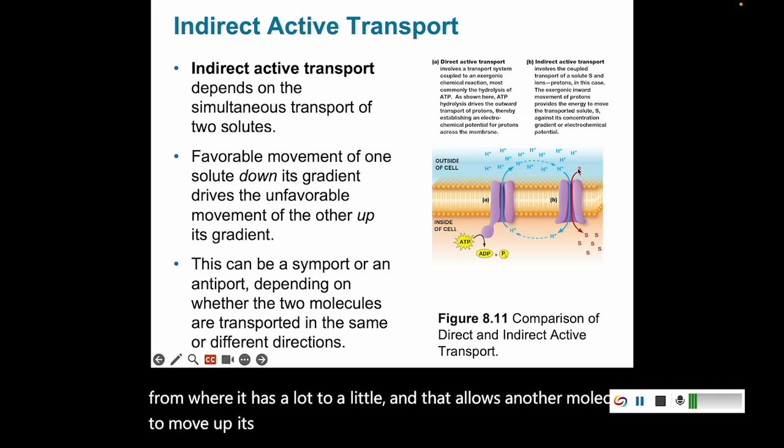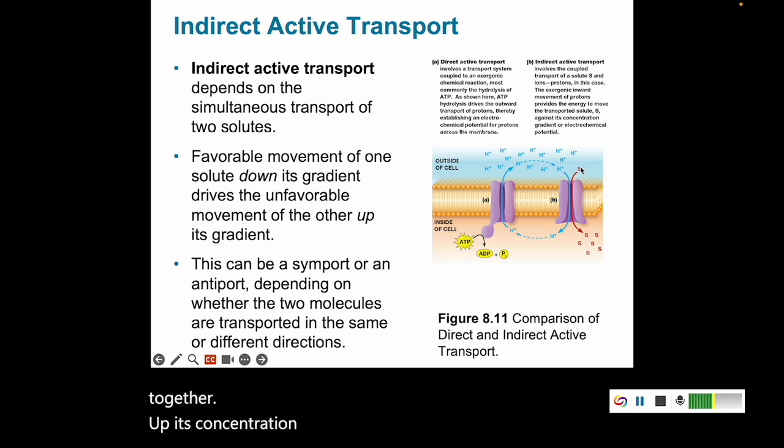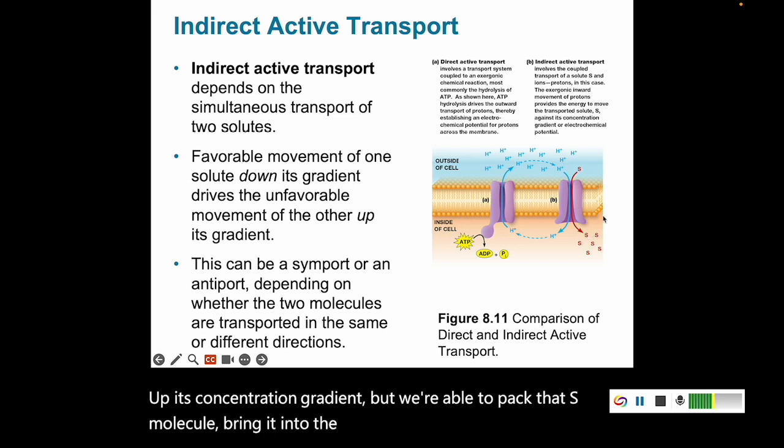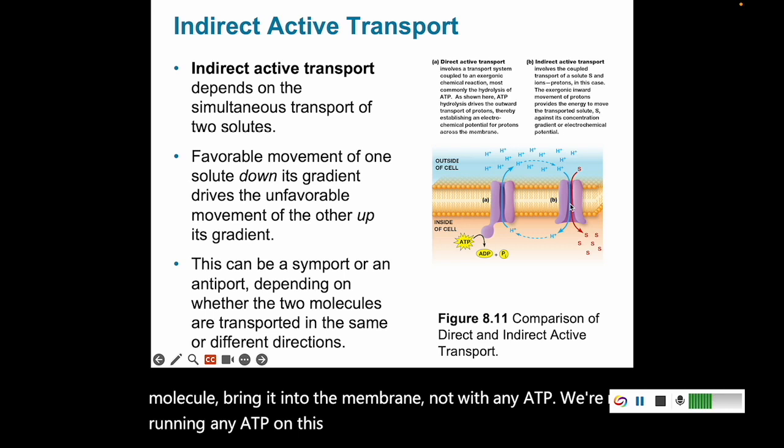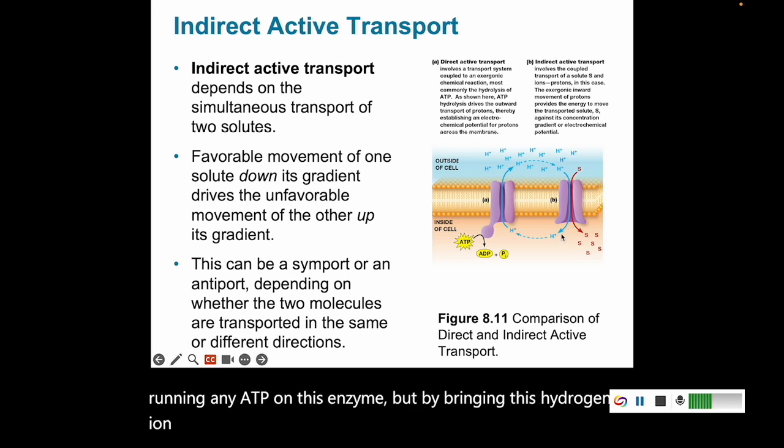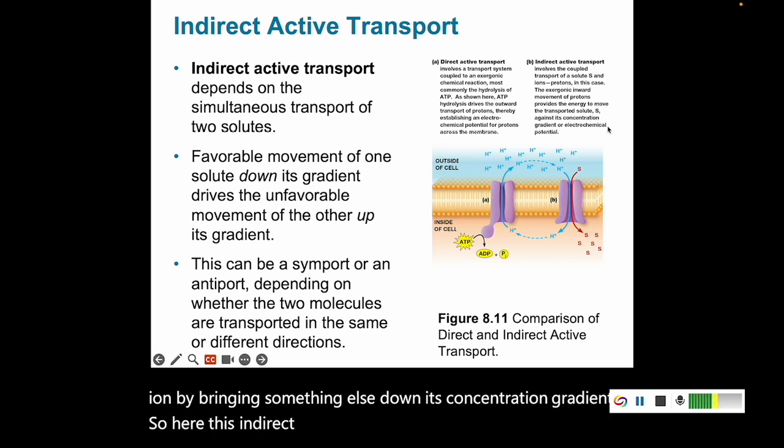This S molecule is being packed together up its concentration gradient. But we're able to bring that S molecule in not with any ATP. We're not burning any ATP on this enzyme, but by bringing this hydrogen ion down its concentration gradient, we can move something else. So this indirect active transport is a symporter.